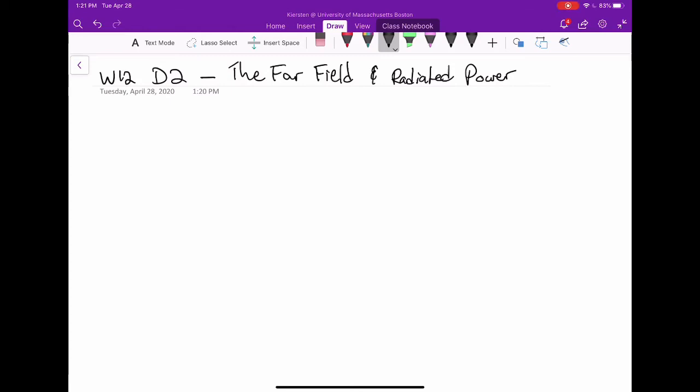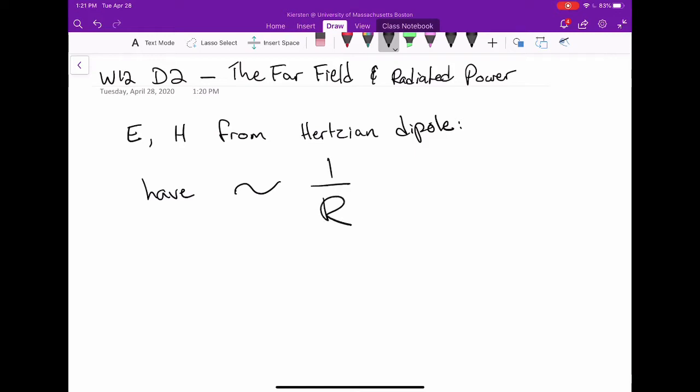When you calculate the electric or magnetic fields from a Hertzian dipole, they have, I'm not going to write down the full expression because it takes a long time, components that are proportional to 1 over r, but they also have components proportional to 1 over r squared and 1 over r cubed.